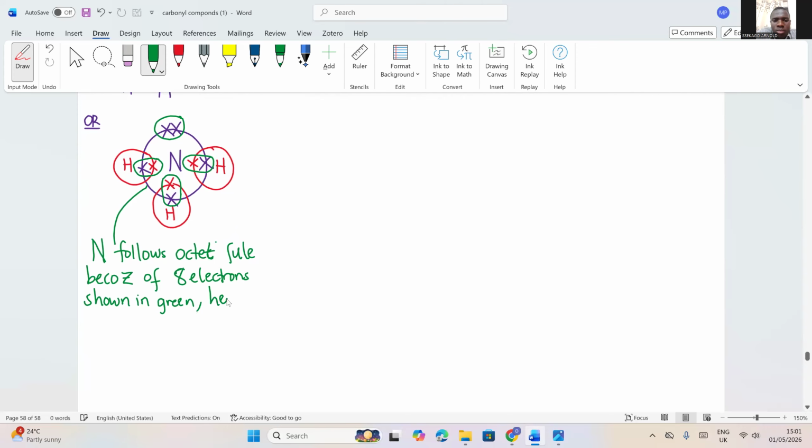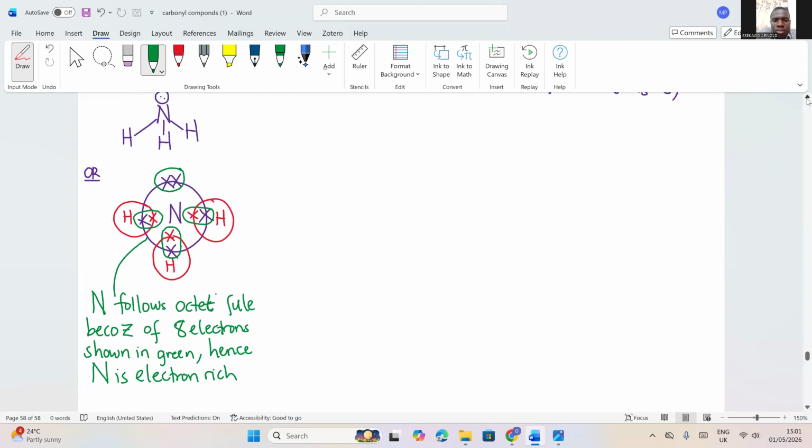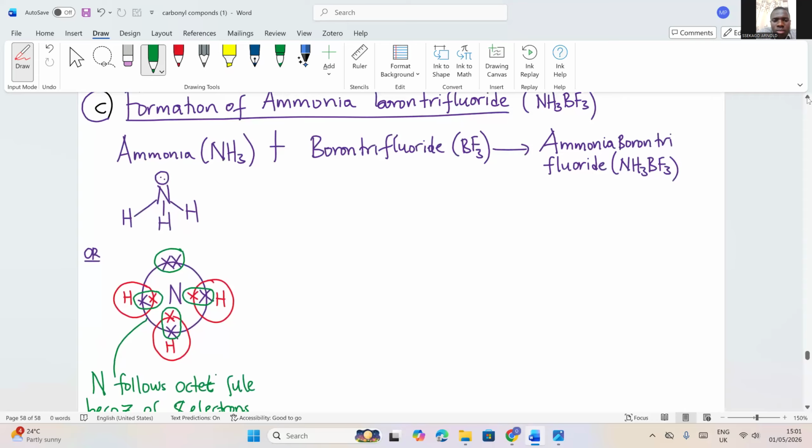Hence, N is electron rich. It is stable. Then plus boron trifluoride. Boron trifluoride, you have a metal and a non-metal.